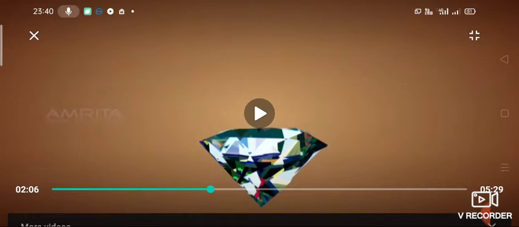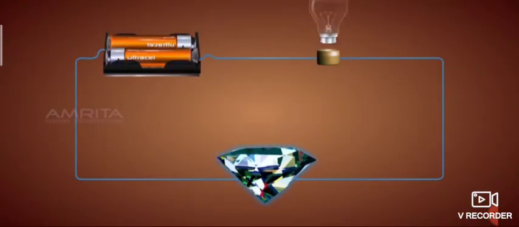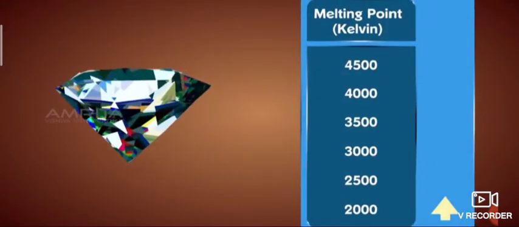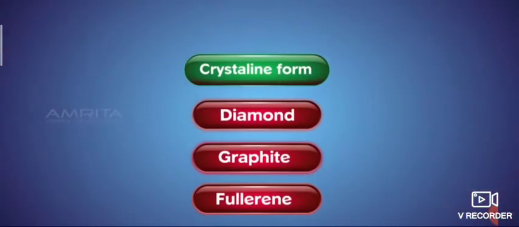One carbon atom is combined with 4 atoms of carbon, which makes a rigid structure. It is a poor conductor of electricity, and its melting point is more than 4500.